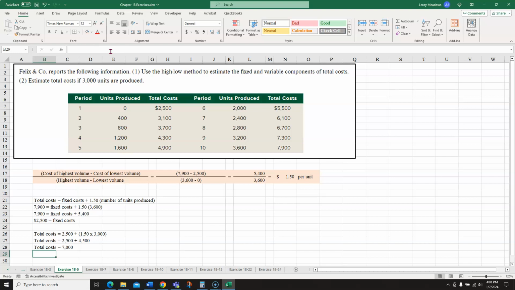Again, we have to calculate the variable cost per unit by dividing the change in cost from the highest volume of activity and the lowest volume of activity. Once we figure out that change, we divide it by the change of the highest volume and lowest volume.